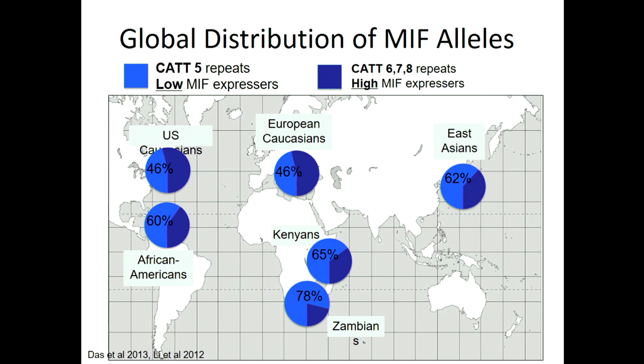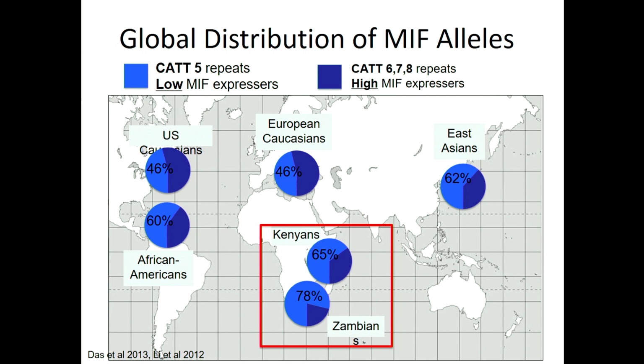This is a polymorphic locus, which has a global distribution of MIF levels that vary across populations. If you look at the light blue here, the CATT 5 repeats are low MIF expressors, and the dark blue are CATT 6 to 8 repeats, which are the high. I'd like to bring your attention to sub-Saharan Africa, which actually has a much higher prevalence, between 65% and 78%, of these low-producing CATT 5 repeats, especially when you compare them to Caucasian populations in the US and Europe and East Asians.